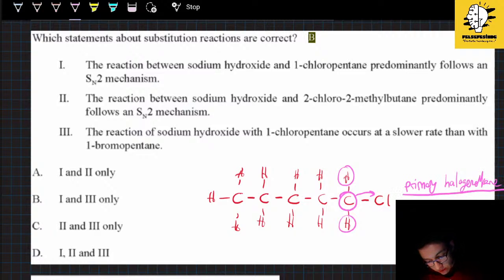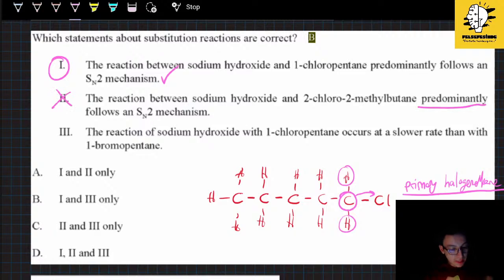Primary halogen alkanes follow SN2 mechanisms, whereas tertiary halogen alkanes follow SN1 mechanisms. So this one is definitely correct. The second says the reaction between sodium hydroxide and 2-chloro-2-methylbutane predominantly follows an SN2 mechanism. We don't even need to draw this. This is not a primary halogen alkane, so it cannot predominantly follow it.